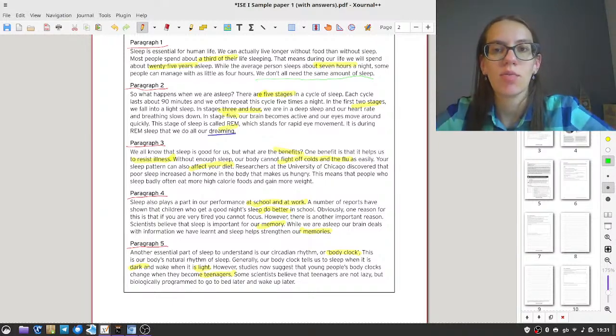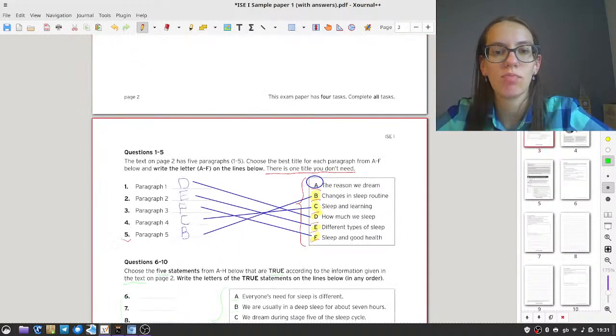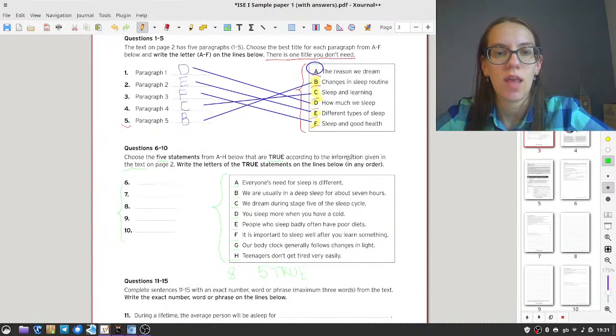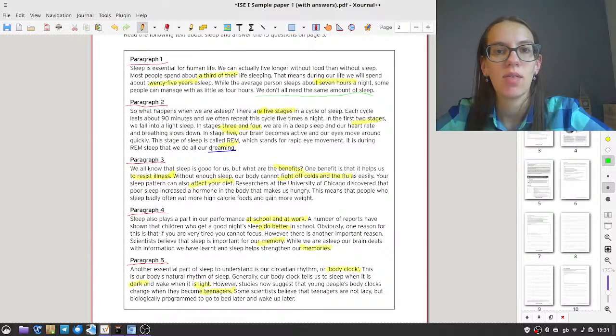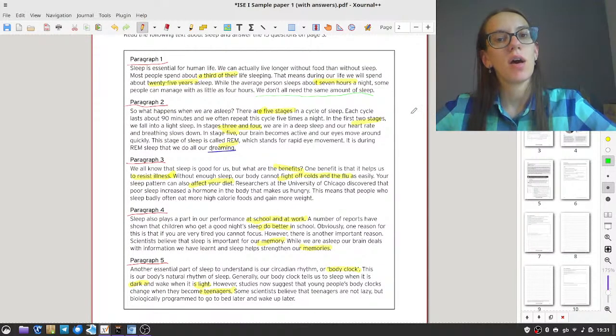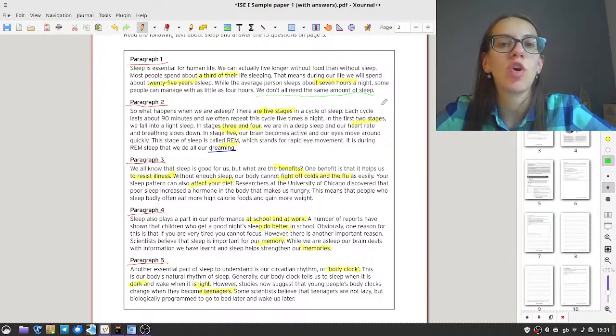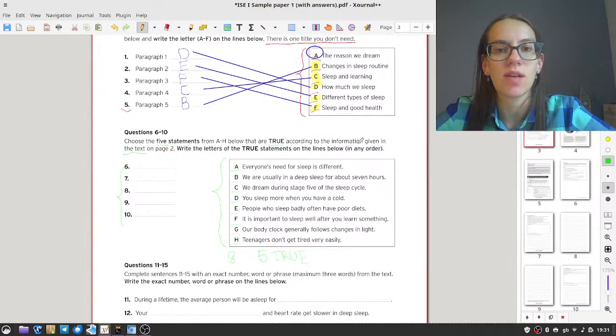So does this sound the same to you? Yes, everyone's need for sleep is different. It means that we don't all need the same amount of sleep. And please be careful, they are not going to write these exact sentences. Yeah, if you look for these sentences in the text, you will not find any one of them.